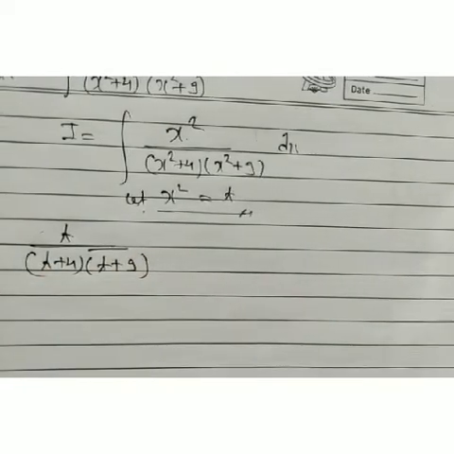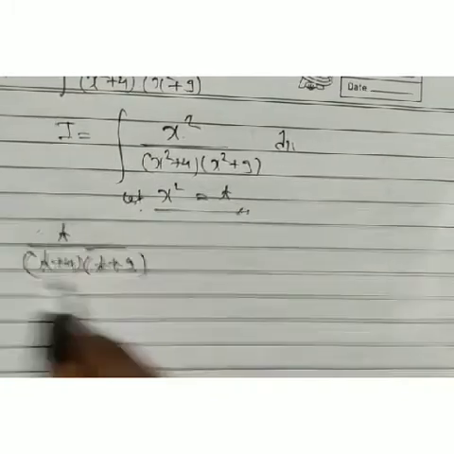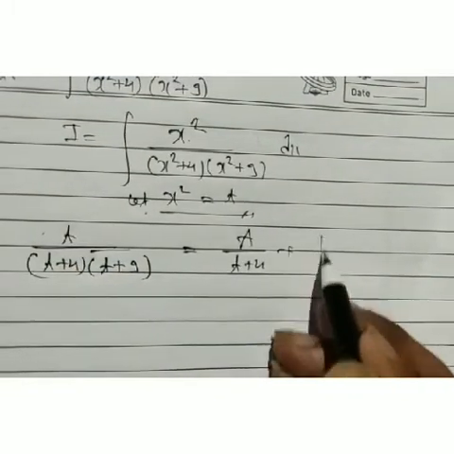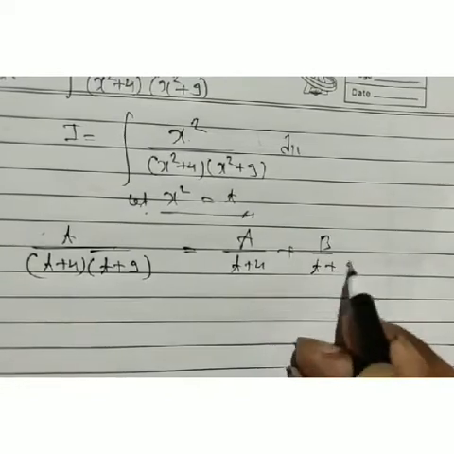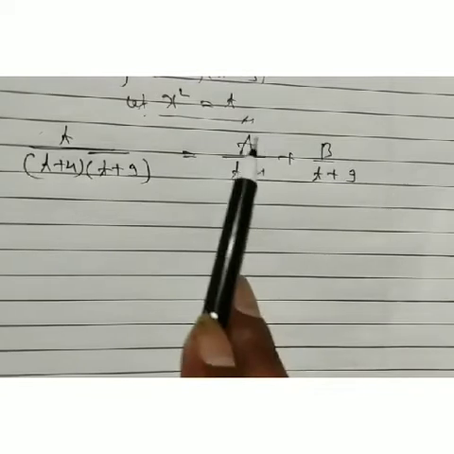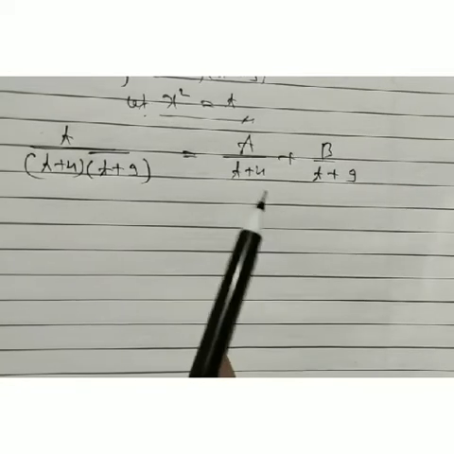Now after that we break this into a upon t plus 4 plus b upon t plus 9. And we just find out the values of a and b, as we discussed earlier, and put them here.